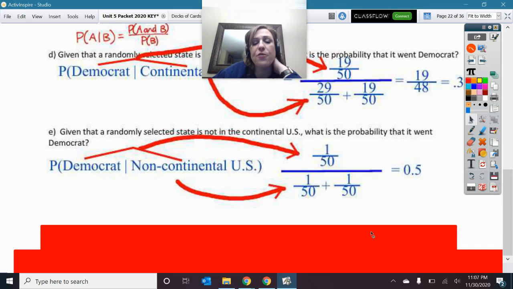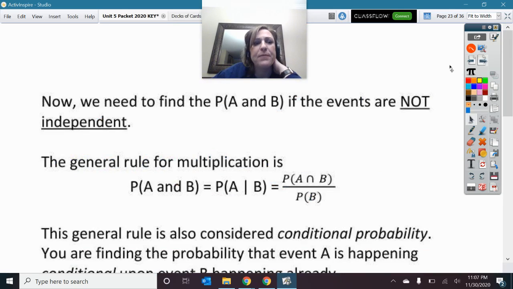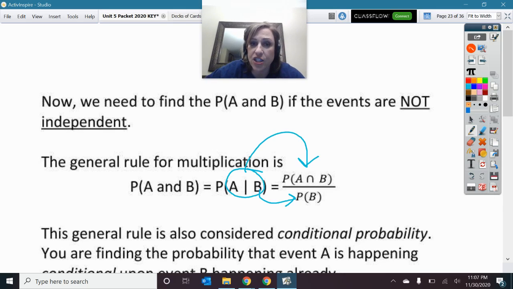All right. So that is the development of that general multiplication rule. So let's see what's happening next. Here it is. And this works whether we have independent events or not, because it's taking into account this conditional upon you being a part of B. So given that you have this event B happening, the total B probability is on the bottom, and the intersection of A and B is on top.